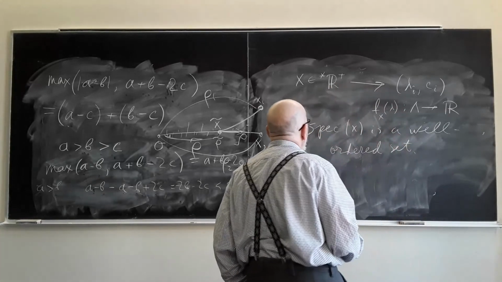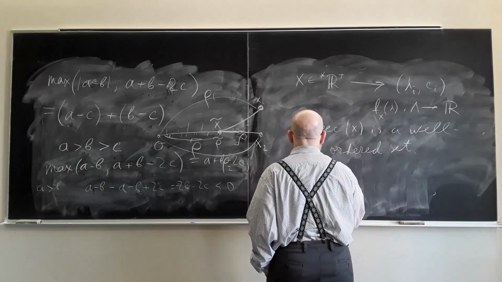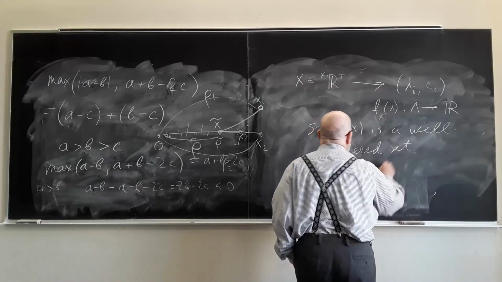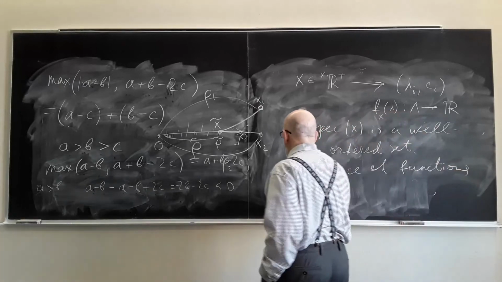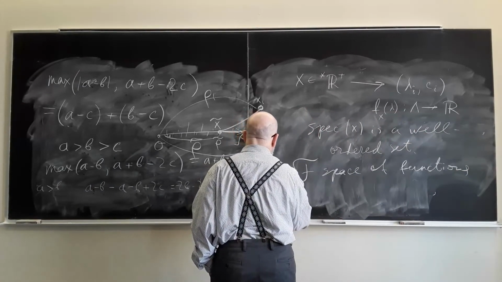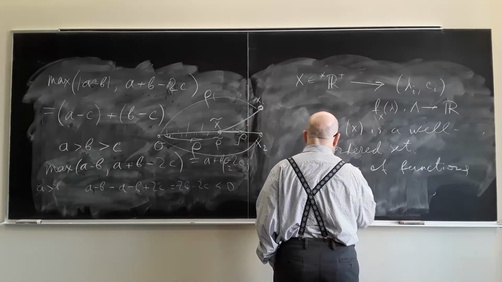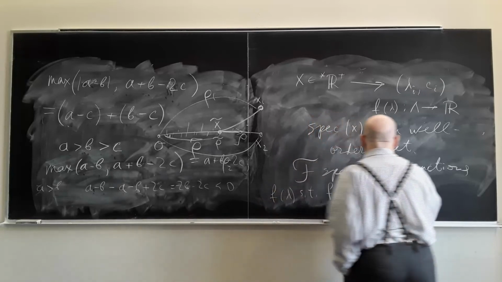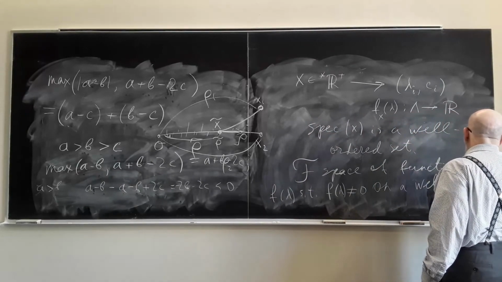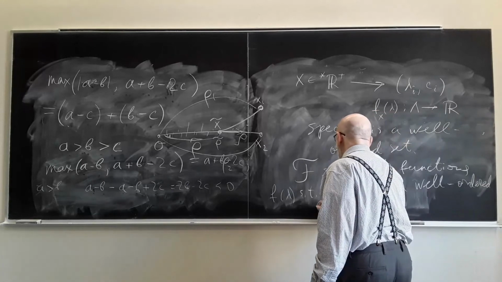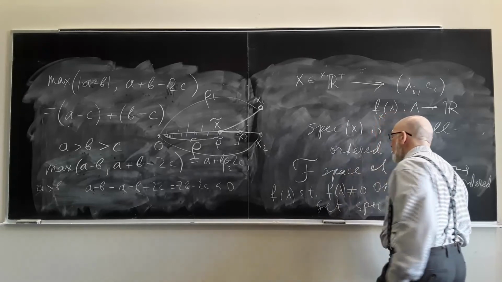And we can consider the space F of functions f of lambda such that f of lambda is different from 0 on a well-ordered set, spec of I don't know what.